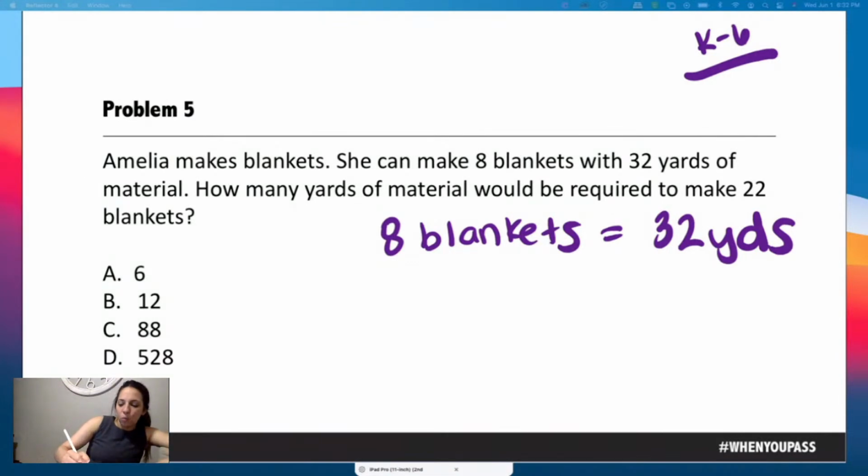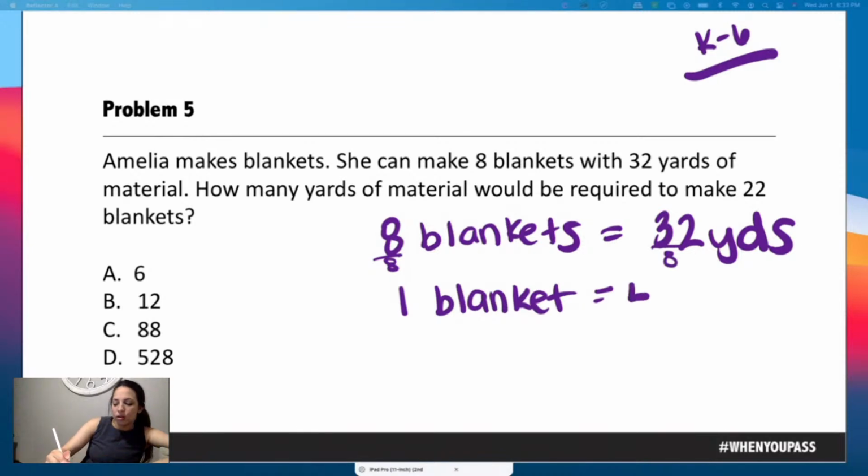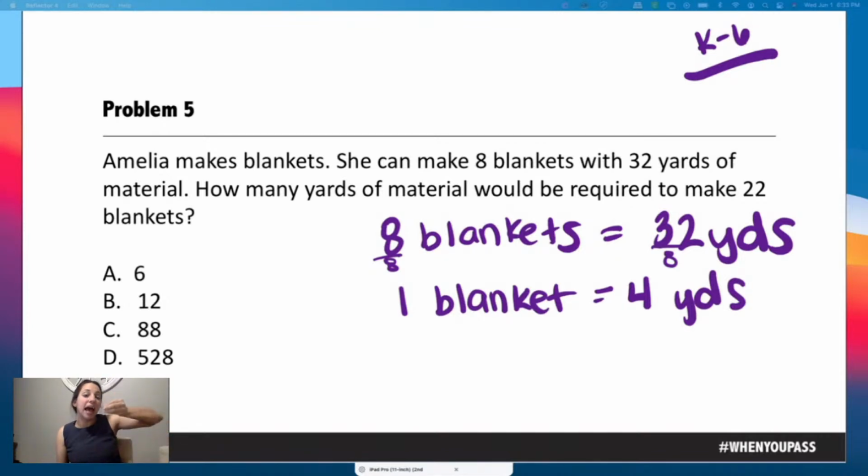Well, if I have 1 blanket, that would equal how many yards? If I divide this side by 8, I can divide this side by 8, and that would equal 4 yards for 1 blanket. Now I can take that information and figure out how many yards of material it would require to make 22 blankets.